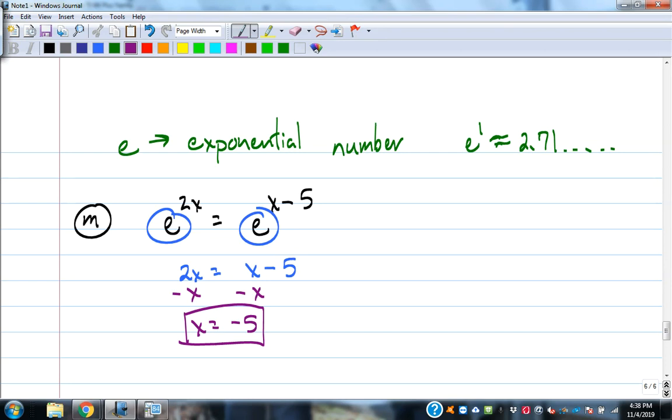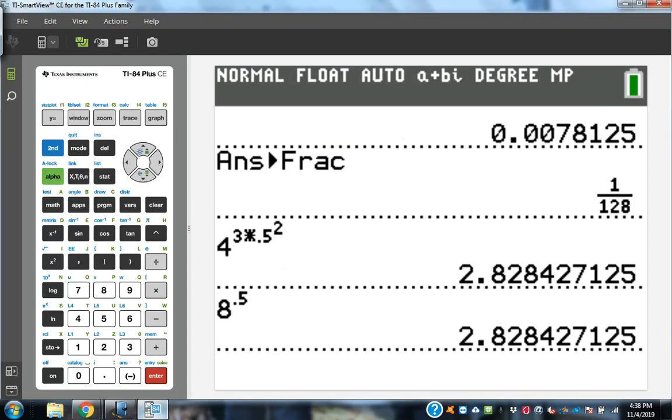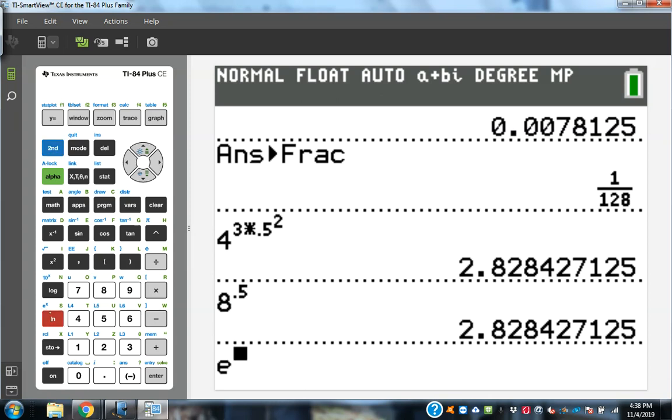To get E with the calculator, if you're going to plug back in and check, which I advise that you do, you have to hit second. And then down here on the left side, right beside the number 4, is this LN button. In blue there beside it, it says E to the X. So that's where you get E to a power. So I would hit E 2 times negative 5.